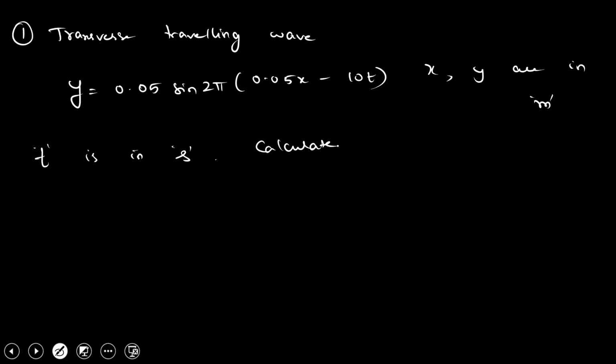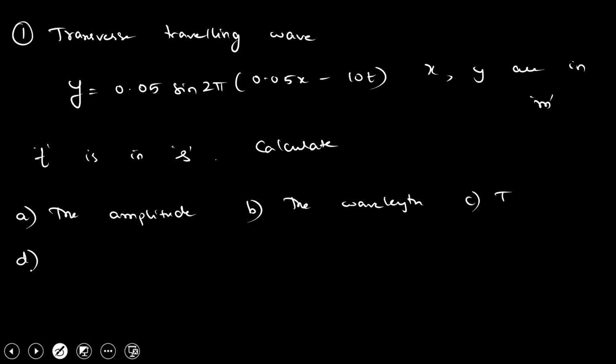Calculate A, the amplitude, B, the wavelength, C, the time period, D, the frequency, and E, the speed of the wave. So these are all the parameters that you need to calculate when this kind of expression is given. Okay. It's a very, very simple question. Good.